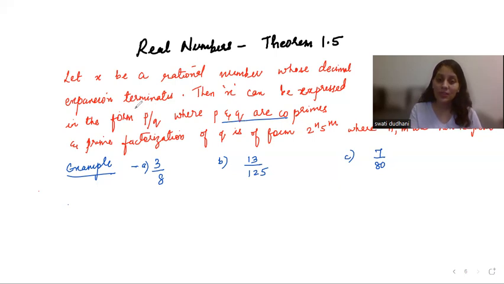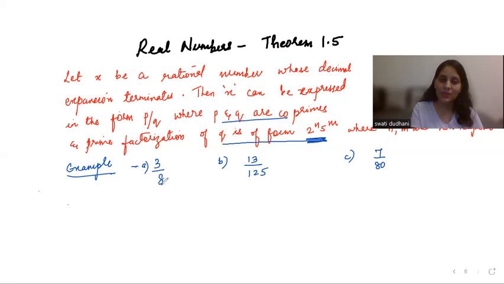The decimal expansion terminates if q is of the form 2 power n into 5 power m, where n and m are non-negative integers. So here we will factorize, we will find the factors of q, that is the denominator, and see if it is of this form. If it is of this form, then the decimal expansion terminates.